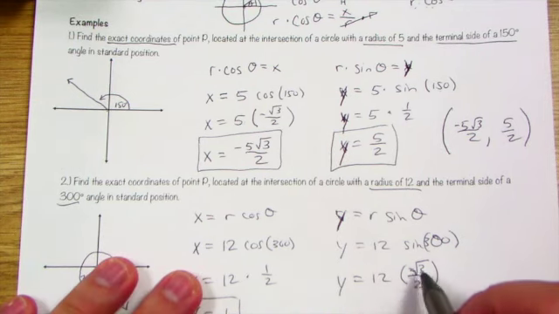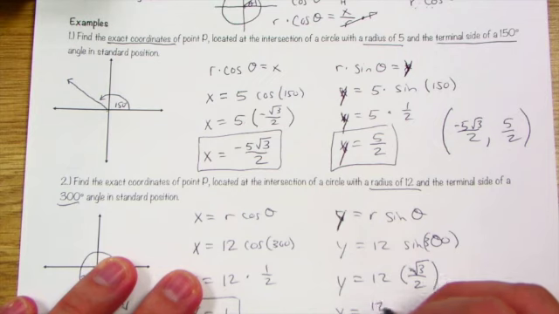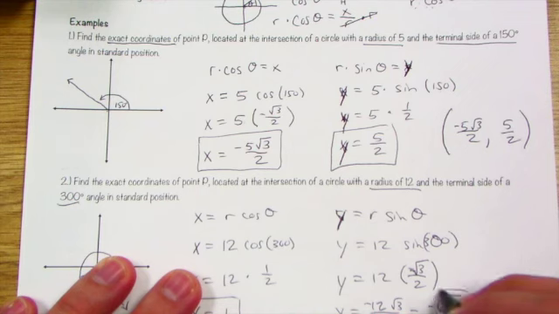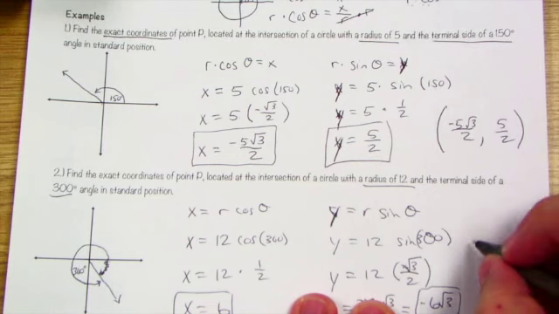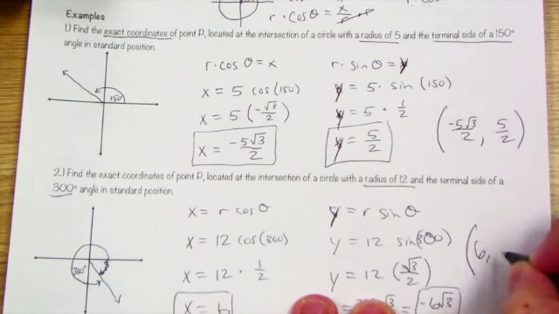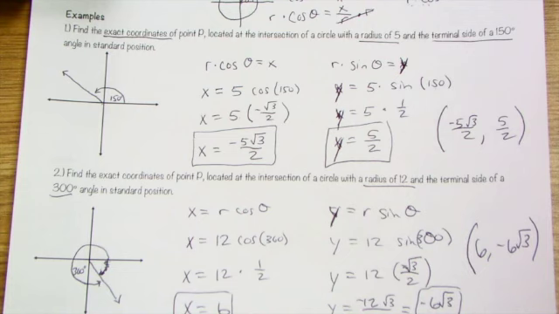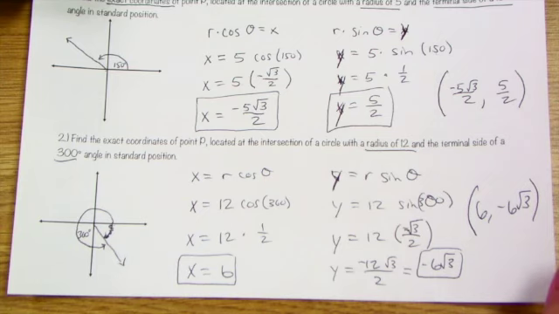Multiply by 12, you end up getting y equals negative 12 radical 3 over 2. That reduces to negative 6 radical 3. Write that as a coordinate, x comma y, so 6 comma negative 6 radical 3. And that is doing trig functions of different radiuses.